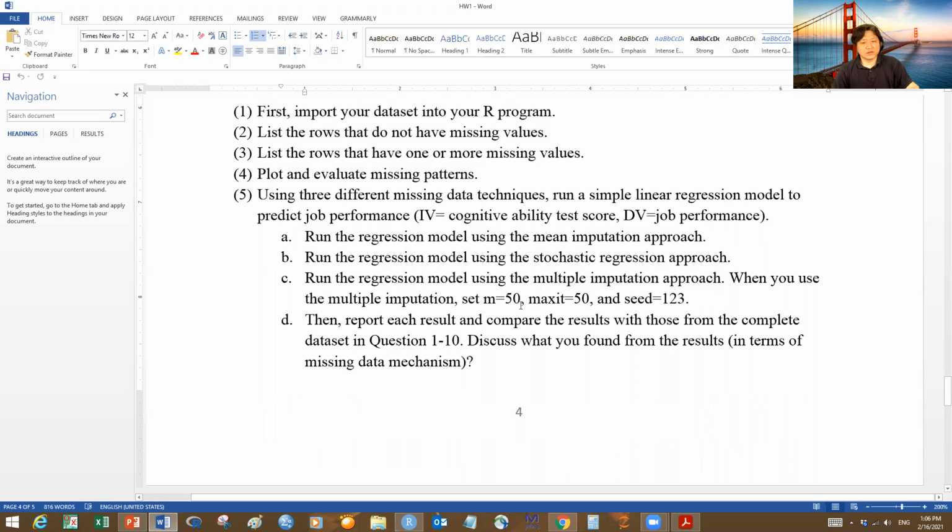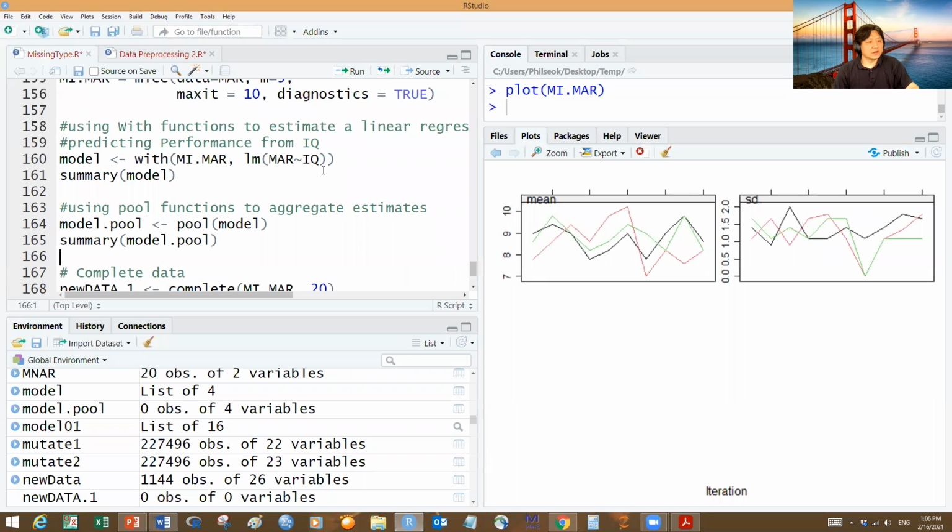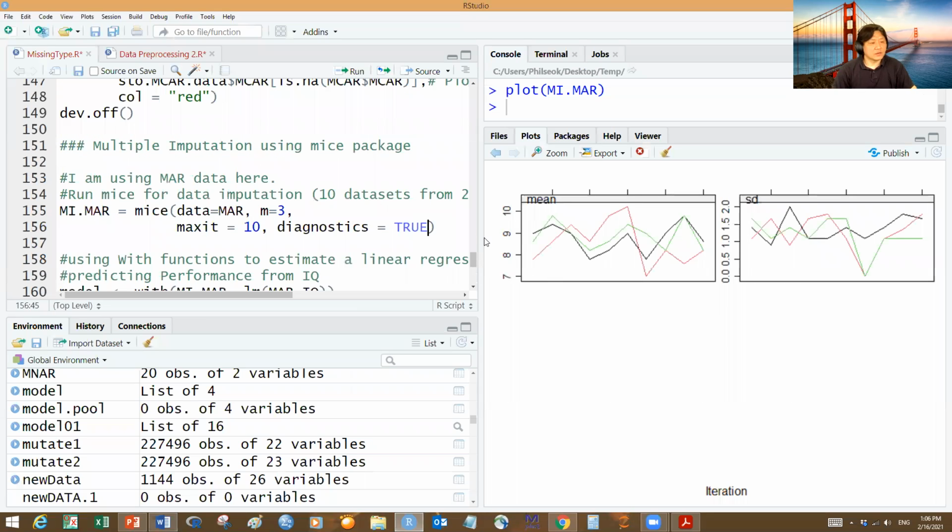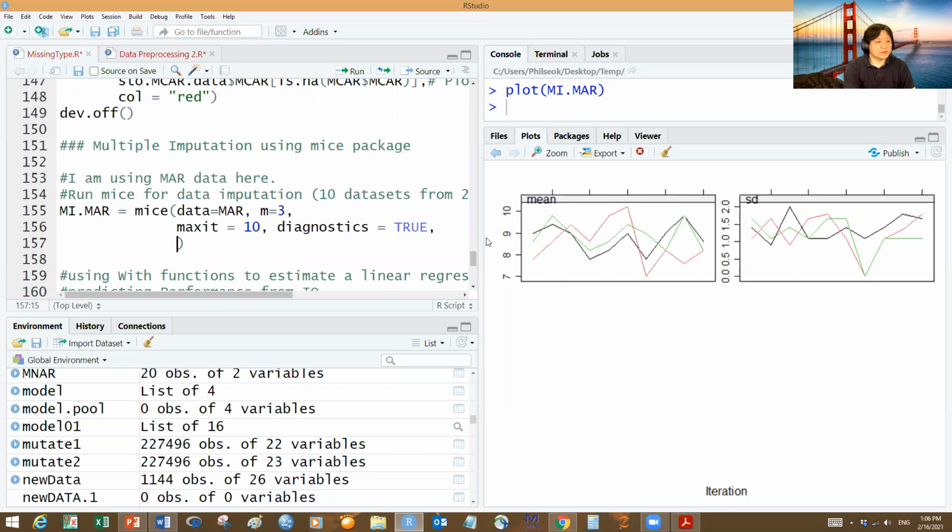When you run this, please set m equals 50 and maximum iterations equals 50, and then add the seed number. Look here, like seed equals 1, 2, 3.